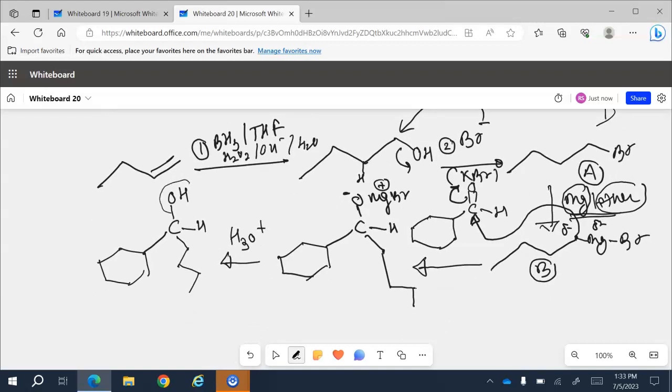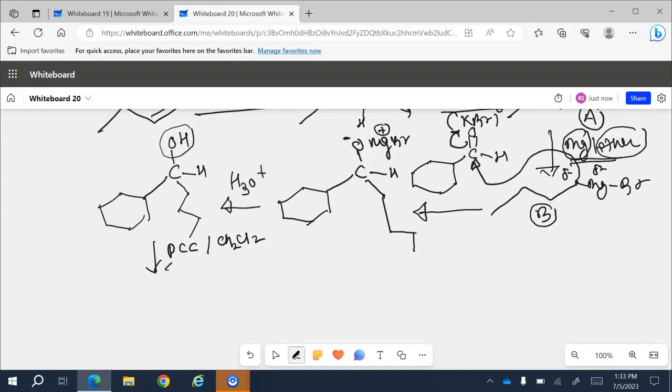Now this is your secondary alcohol, and the secondary alcohol is then reacting with what we call PCC in presence of CH2Cl2. The secondary alcohol will oxidize. This is your oxidizing agent, pyridinium chlorochromate, as oxidizing agent in presence of dichloromethane. This will convert the secondary alcohol into your ketone.